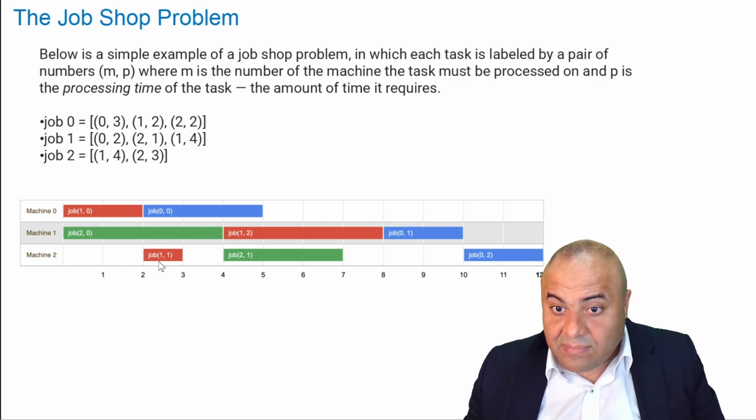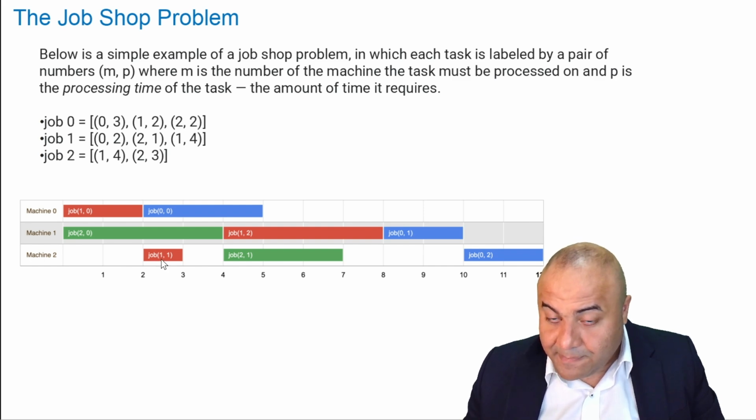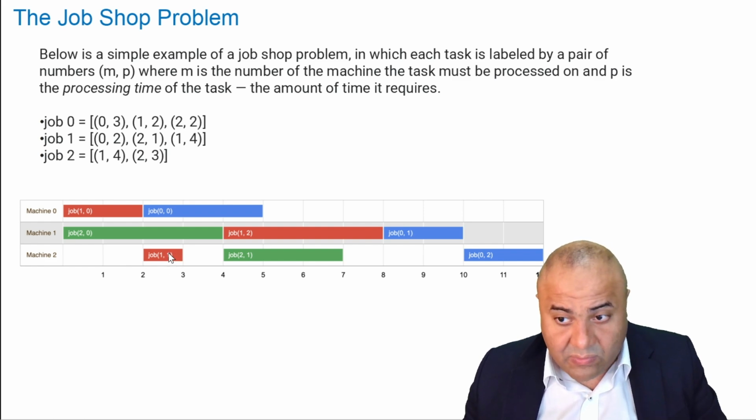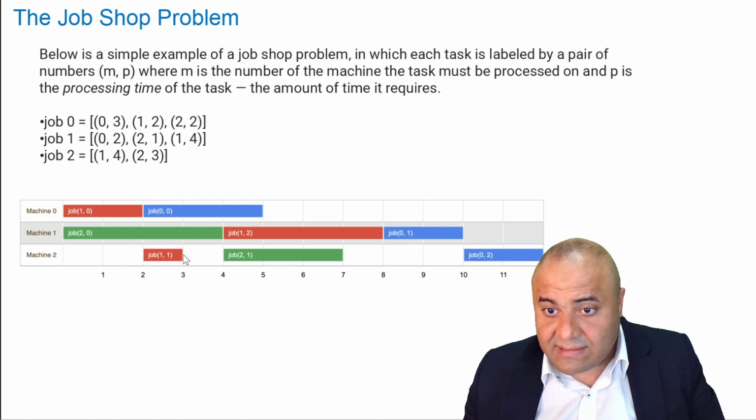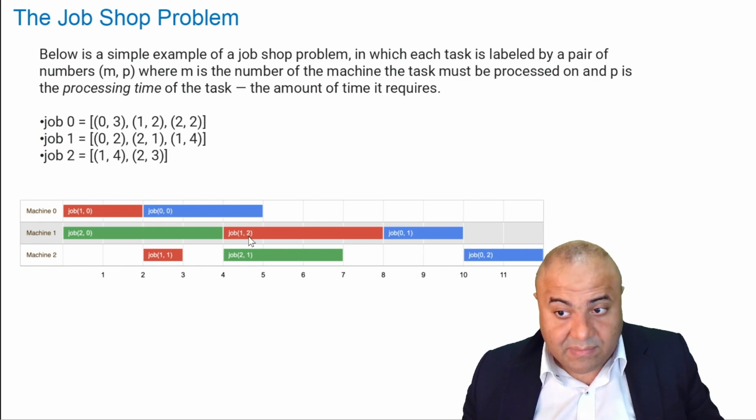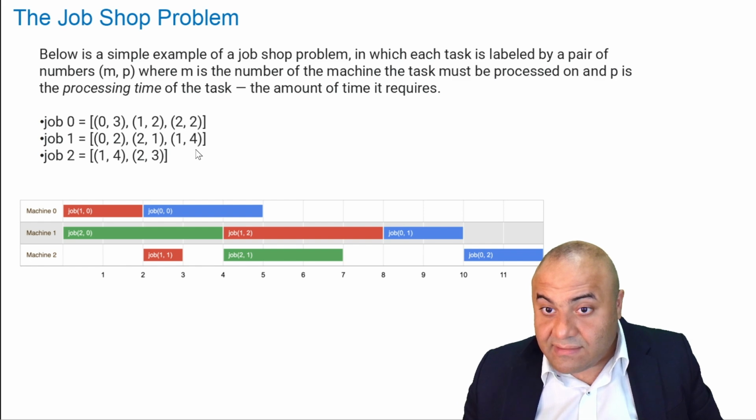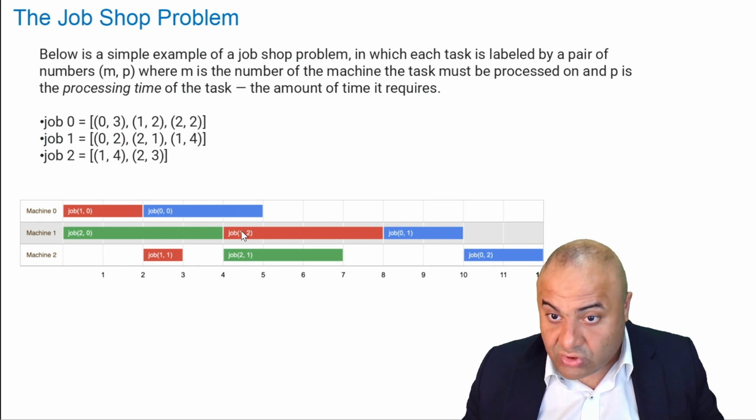And then machine 2 is going to be job 1, and it will be task number 1, which is the second task that needs to be processed. And after that, of course, we have machine 1. So machine 1's schedule will be job 1, and it's going to be task number 2, which is the third task to be done for job 1.